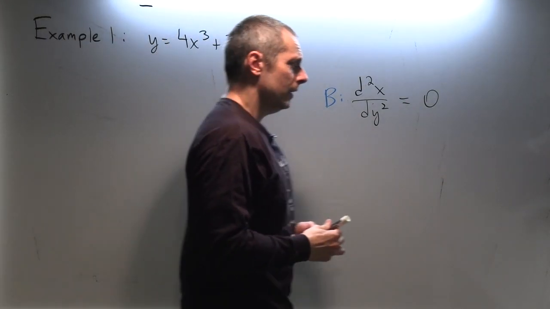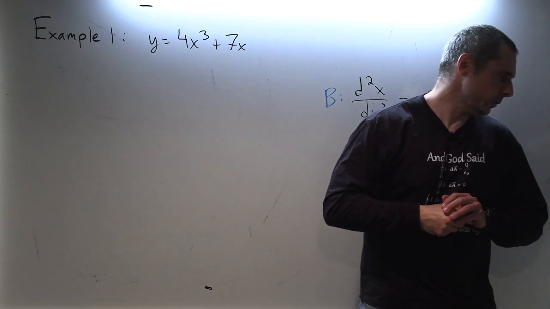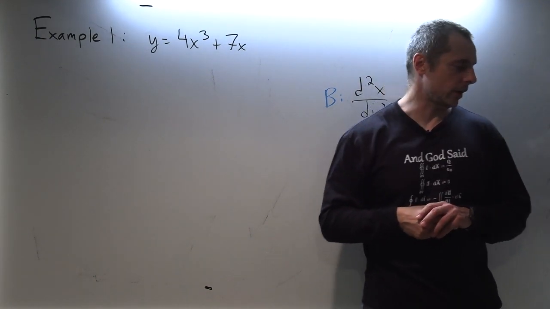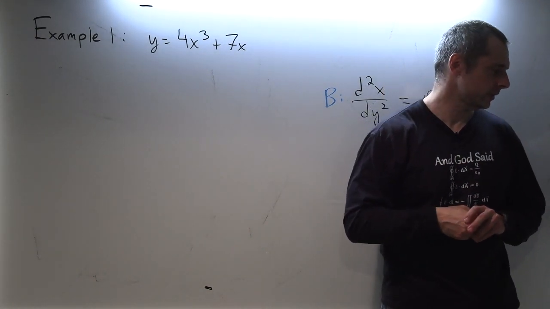So, a simple function, 4x squared plus 4x cubed plus 7x.